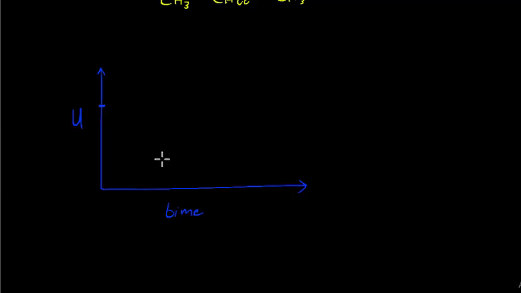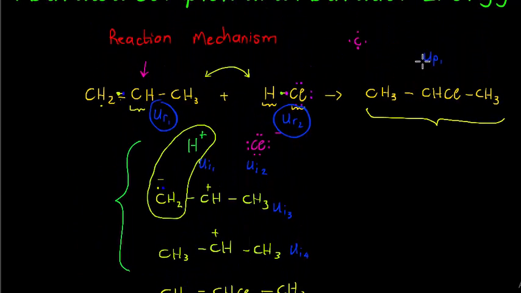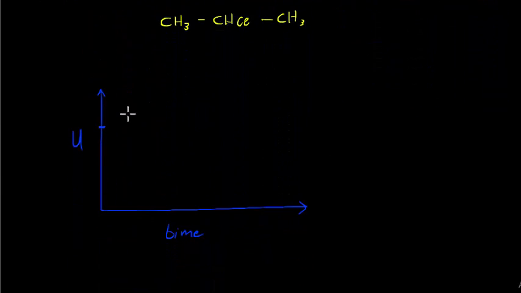And then afterwards, if we look at our product's potential energy, I have it on good authority that it is lower. So in the end, I will have a lower potential energy than I had in the beginning. And in the previous lesson we learned that if my reactants had a higher potential energy and my products have a lower potential energy, then we looked at the heat of a reaction.